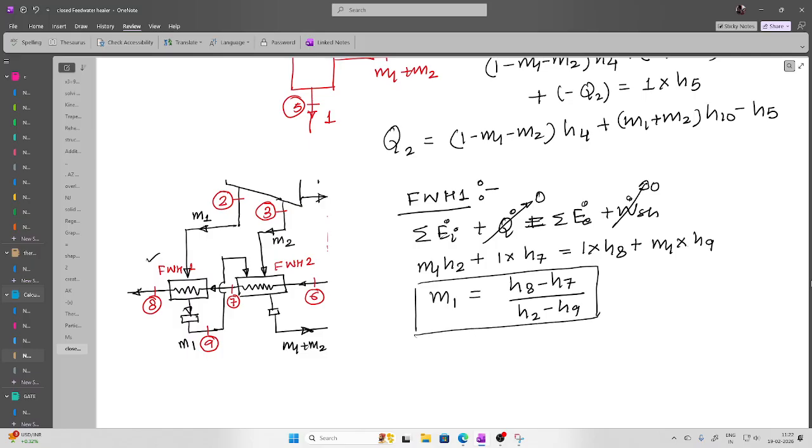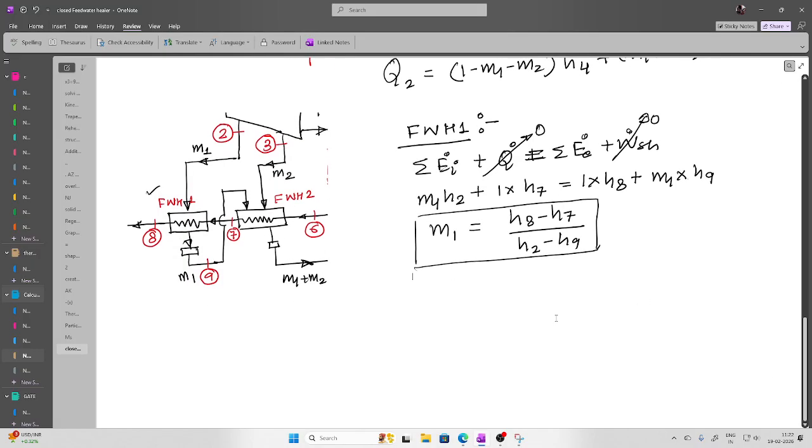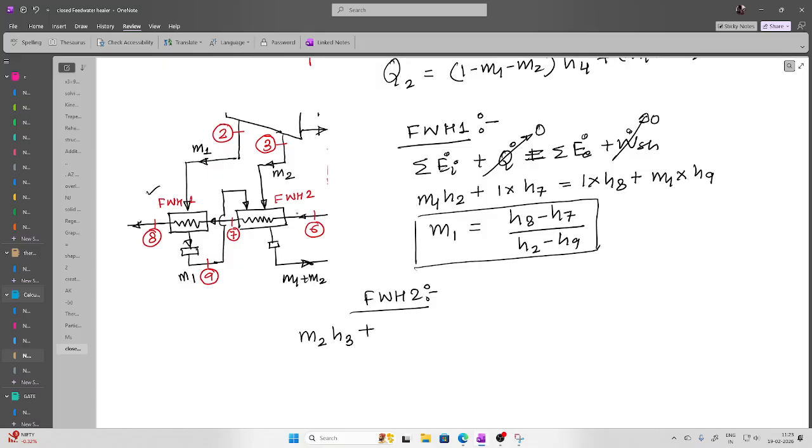Once M1 is known, then we can jump to M2. That will be evaluated from feed water heater number 2. If you look here, again the same thing: total energy entering with mass should be equal to total energy exiting with mass. So what is entering? M2 is entering at H3, plus this is also entering. What is the mass at point number 6?